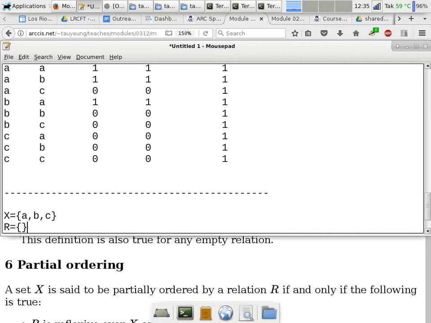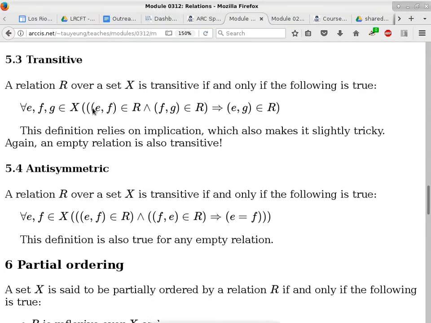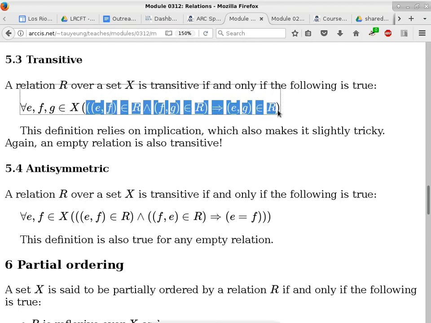You boil it down to the question: if I pick any 3 elements from the set, not necessarily different, can I claim that this expression is true? Can I claim this is true for every way of picking 3 elements out of X?